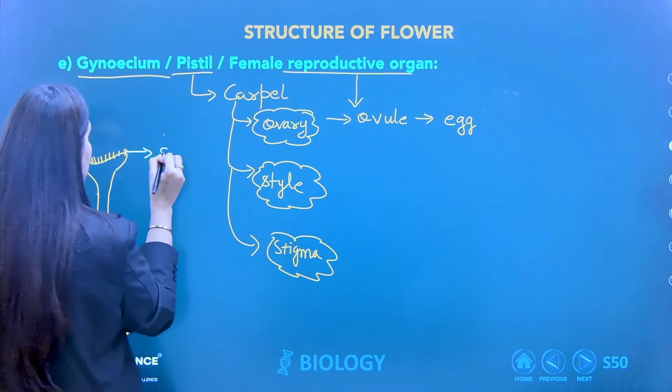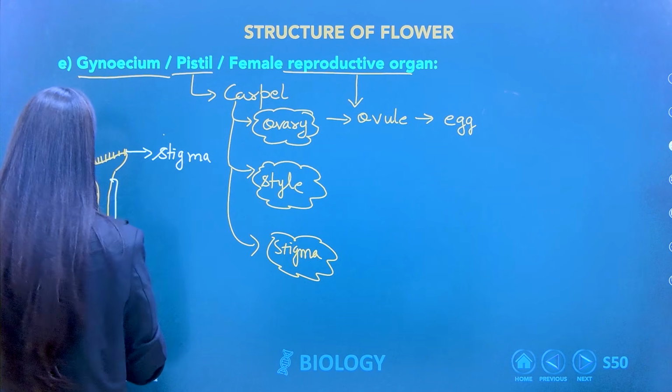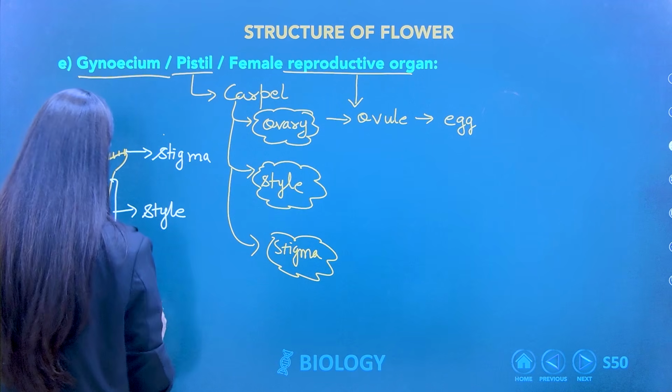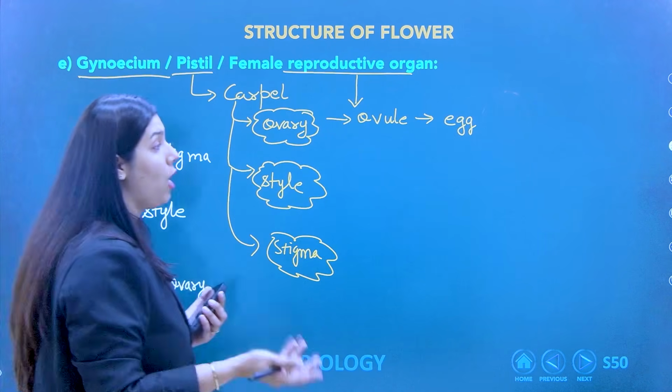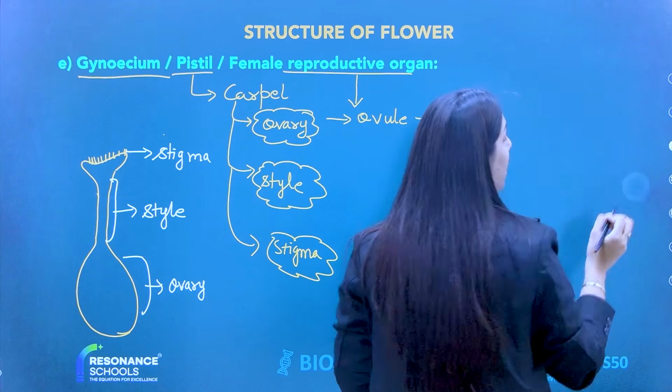This is known as the stigma. This part is known as the style. And this part is known as the ovary. Inside the ovary, there are ovules. Now, it can be one, it can be two, it can be many.